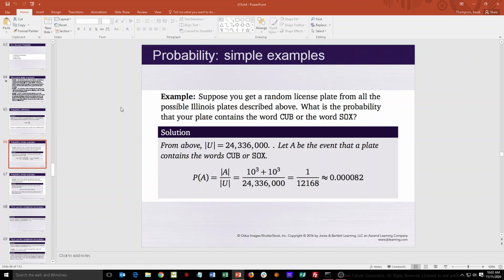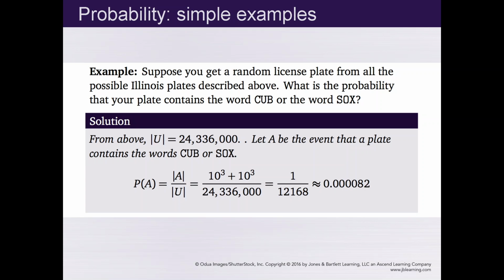Here's an example. They're going back to when we did Illinois license plates in 4.3 and how many different things were possible. They're referencing the previous section, and we got that number to be 24,336,000. Now here they're saying, how many ways can you get a plate that has the word Cub or the word Sox, because maybe you live in Chicago and you're a baseball fan.